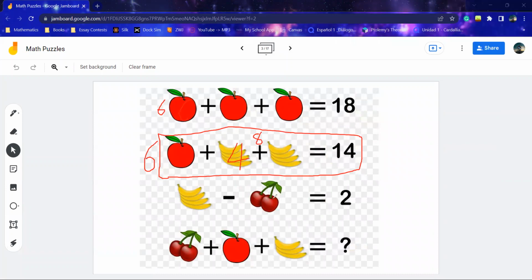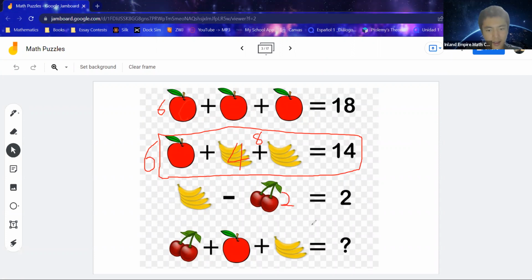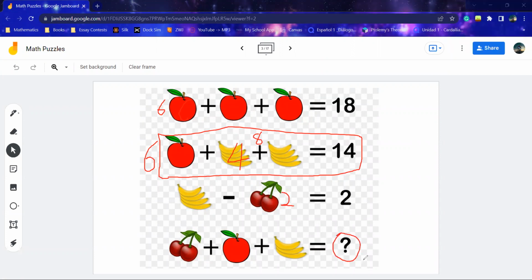So banana minus cherry equals 2. So 4 minus 2 equals 2. That is correct. Cherry 2 plus 6. And then banana 10. Not quite. You're very close, but check your calculations a bit.